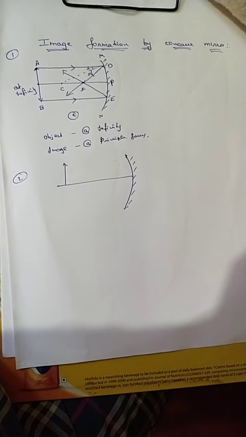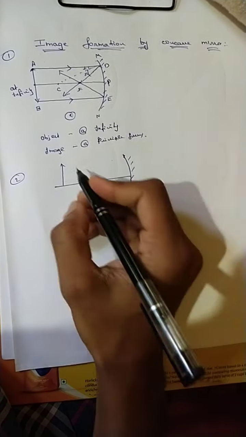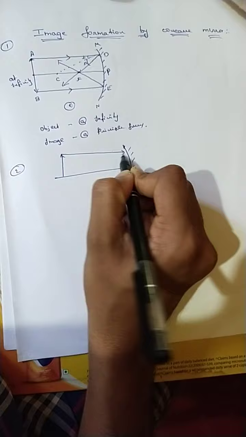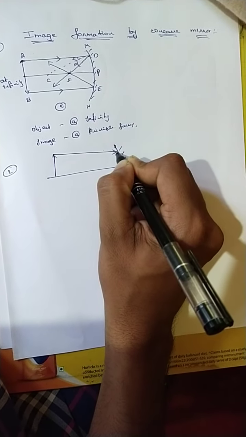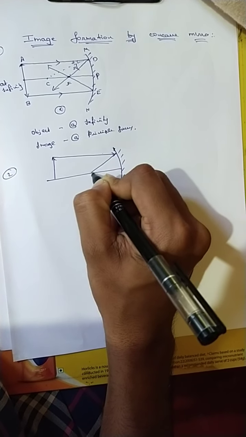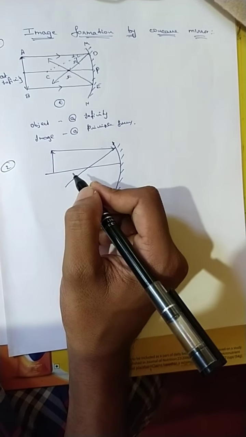Right. Next, the ray parallel to the principal axis falls on the reflecting surface and turns back in a different direction.